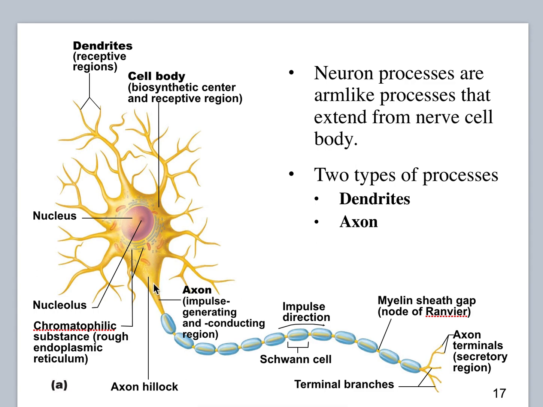The axon hillock is the first part of the axon, and it goes down to the axon, and this axon may go all the way down to a muscle in the body. It could be a long axon or short axon, depending on how far the muscle is away from the central nervous system. And it ends with terminal branches, which split up into different branches to innervate various muscle fibers. This is what makes up the motor unit, as we discussed in the chapter on muscle tissue.